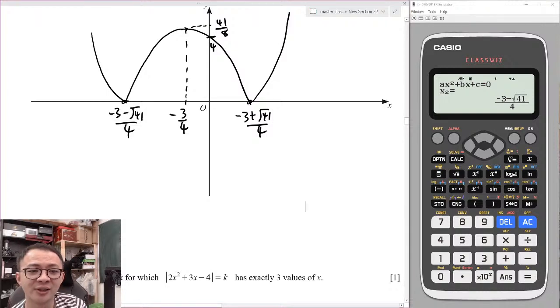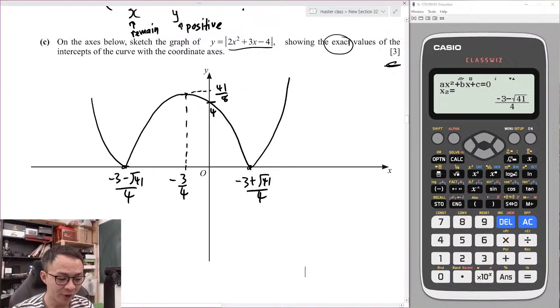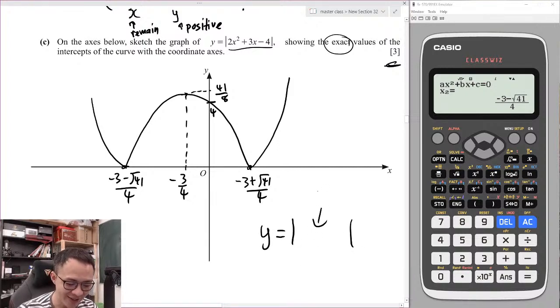So I thought the x cannot be negative because it's modulus. You must get the idea of how to use the modulus. The modulus is y equals modulus, and the x is inside the modulus, isn't it? So that means the y must always be positive.